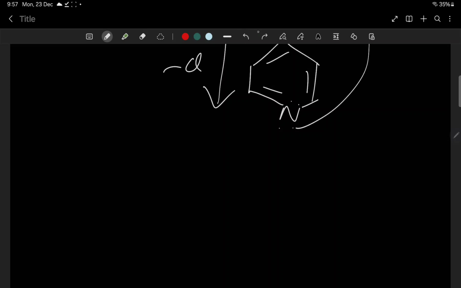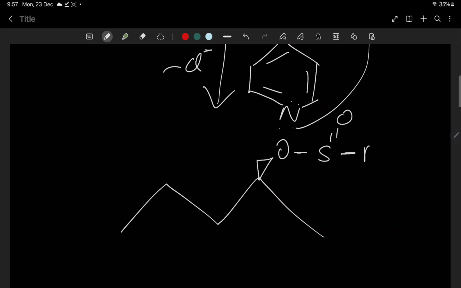I need space to draw this. So the chloride leaves. Now we have O, S double bond O, Cl, but now nitrogen has a plus charge because it gave its lone pair. Sorry, the pyridine shape is wrong, very sorry. Okay, yes, this is here.